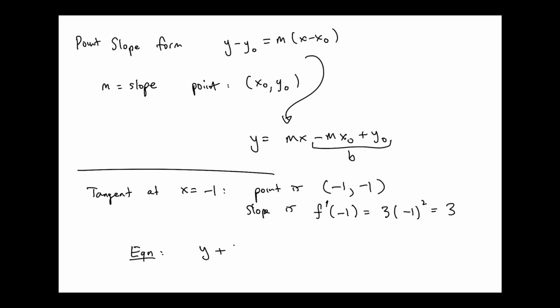y minus the y-coordinate is slope times x minus the x-coordinate. Okay, why did I have pluses there when I said minus? Yes. It depends on what the definition of is.